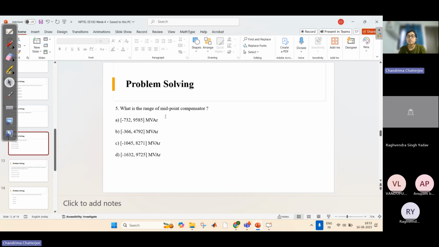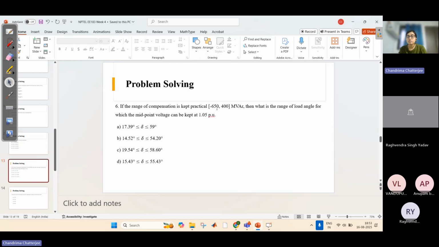Practically, you can't design a compensator which can work in this wide a range. This is not practically possible. So you will have to reduce this range. That's why this is one practical range, minus 650 to 400, some practical range that you can design. Okay, this is a feasible range.